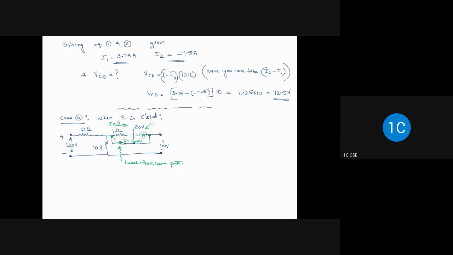You can simply remove the upper path because there is no current flow. When you remove the upper path, the equivalent circuit looks like this. Let me redraw the circuit. So there is no upper path, only the lower path is present.